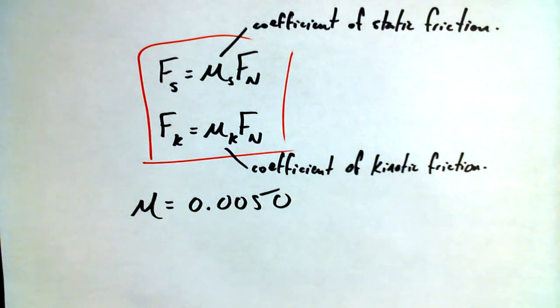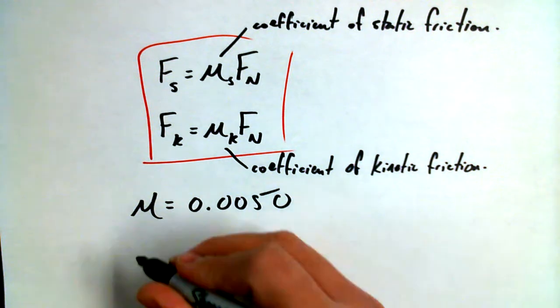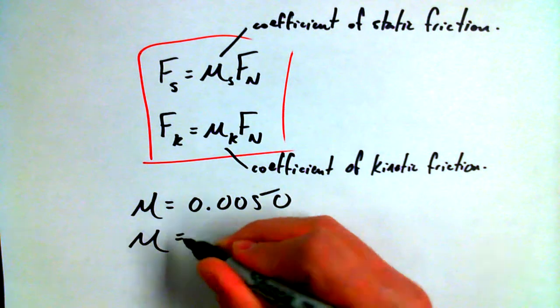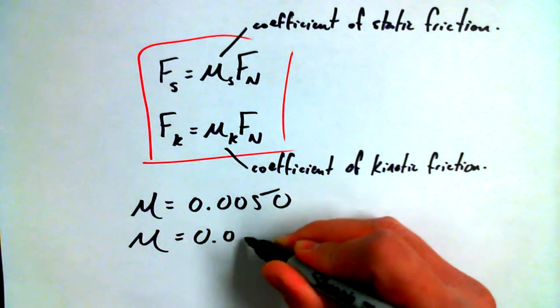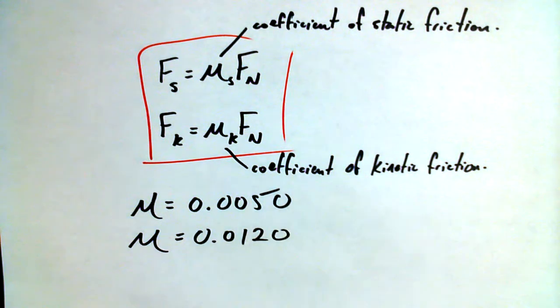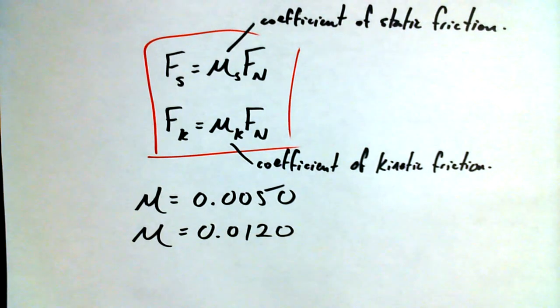I just made up that value just so you know. So don't go look it up and tell me that's not really it, okay? And I found the other one to be 0.0120. You tell me, based on our conversation so far, which one of those is the static friction coefficient? Which one is the bigger one, because the static friction is always going to be greater than the kinetic friction. Is that what you said?